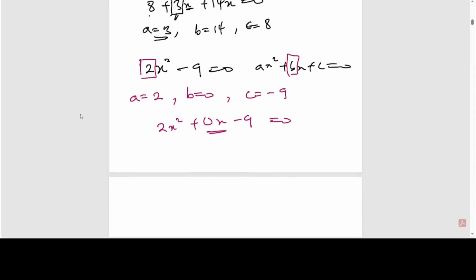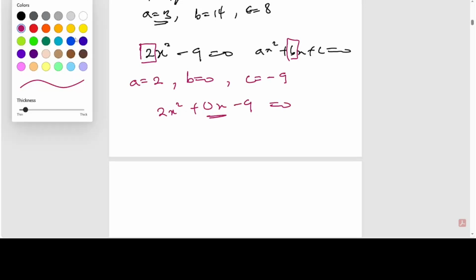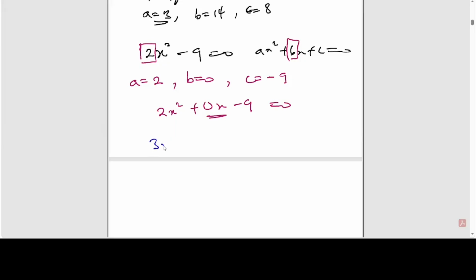And lastly, let me do the last one and then we move on to the next thing. So I have 3x squared minus x is equal to 0. We want to identify our a, b, and c.